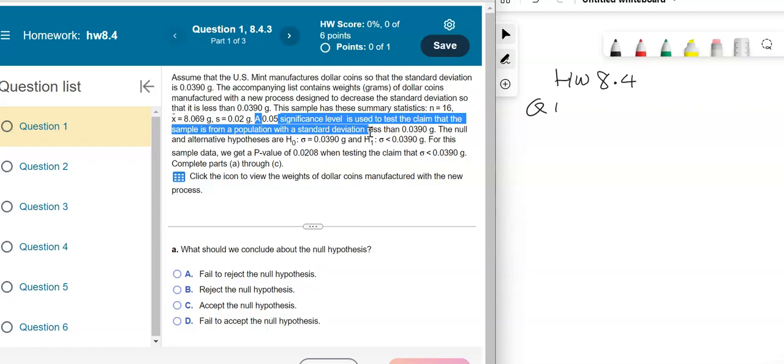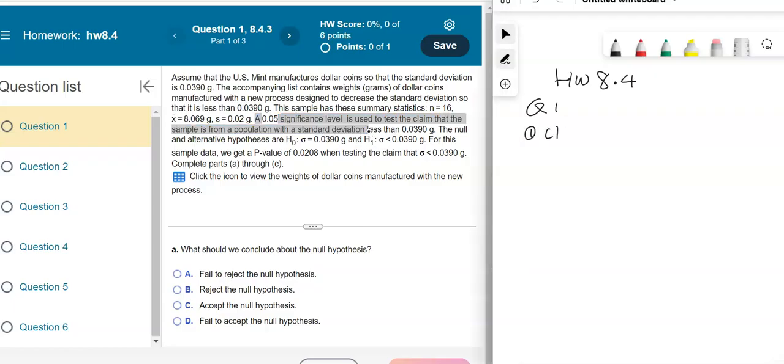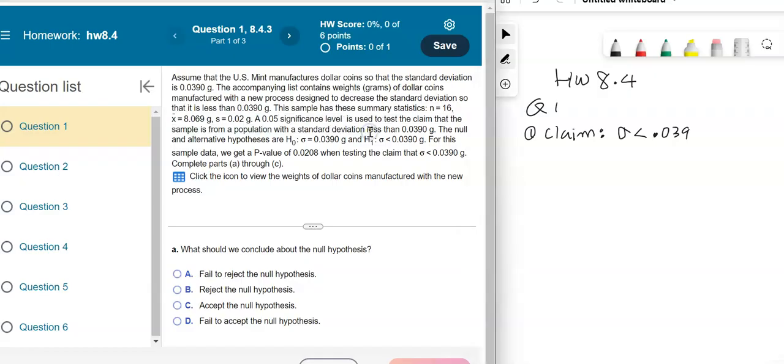So we have the claim: standard deviation is less than 0.039. Okay. And then they already gave you this.